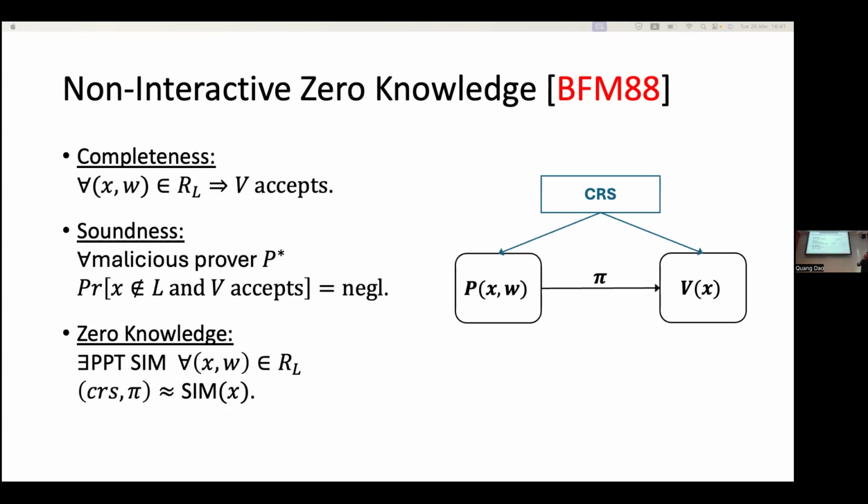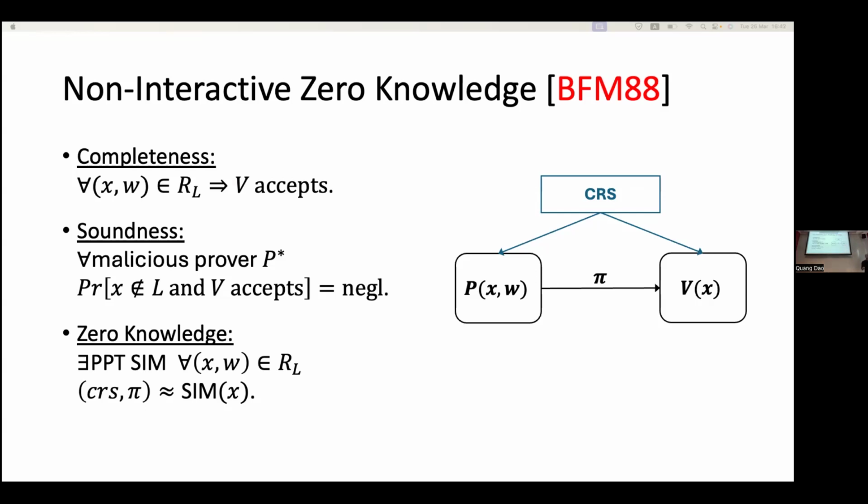So usually we think of NIZK in the CRS model. In the CRS model, we think of some third party, a trusted party, that generates a CRS according to some predetermined generation algorithm, a predetermined distribution, and this CRS is public. It is shared with everyone, and then the prover, given the CRS, the instance and the witness, generates a proof, and that's it. No interaction. And the verifier chooses to accept or reject based on the instance, the proof, and the CRS.